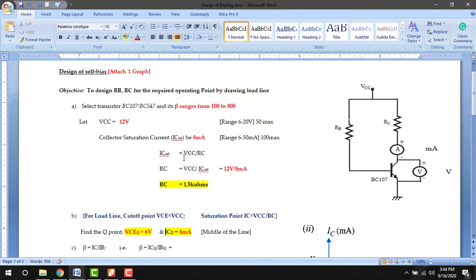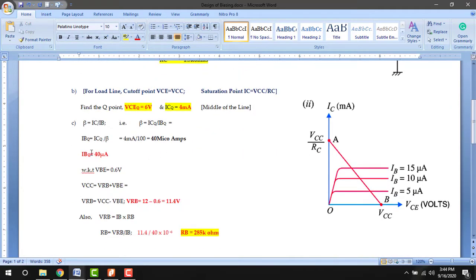But note that we designed the IB value based upon the beta 100. But the beta range is from 100 to 800, so the operating point may vary.